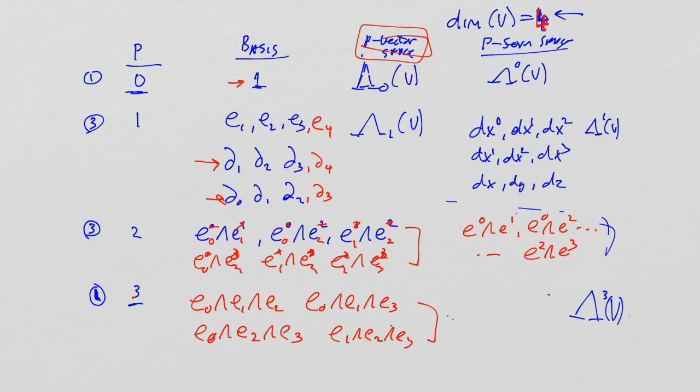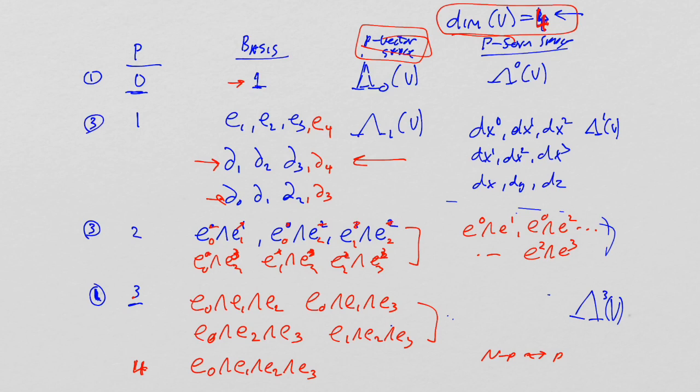So there's 4 of them here, which exactly matches 4 here, which makes perfect sense because of the rule that the n minus pth space has the same dimensionality as the pth space. And then finally, I get an additional vector space once I boost the dimensionality v up to 4, but it always has only one dimension, and it'll be E0 wedge E1 wedge E2 wedge E3. And likewise, all of this exists over here.